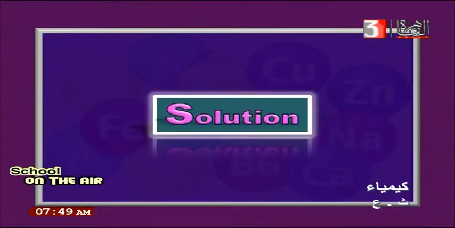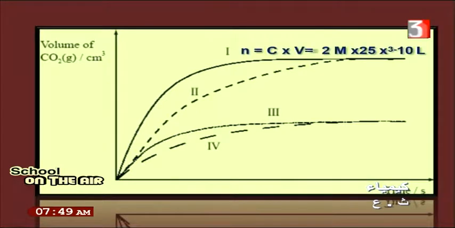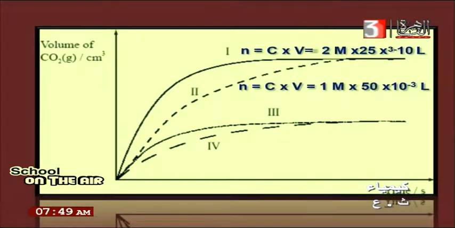If you look at the graph, in curve number 1, concentration times volume gives the number of moles. We get the higher concentration, which is 2 molar, times the volume 25 times 10 to the power negative 3 to change it into liters. In the second graph, we get the same number of moles, but here the concentration is lower, 1 molar.